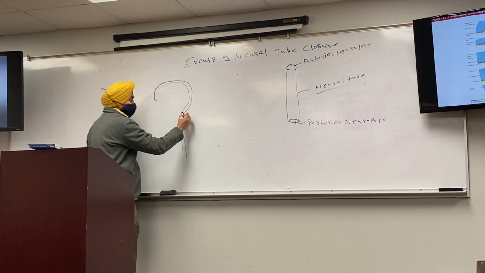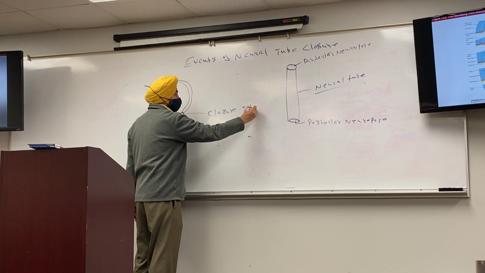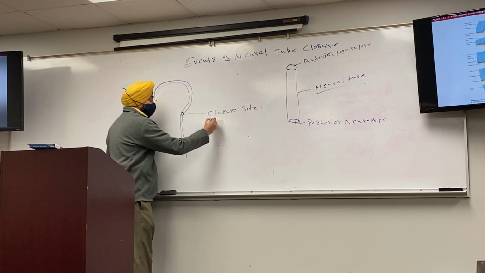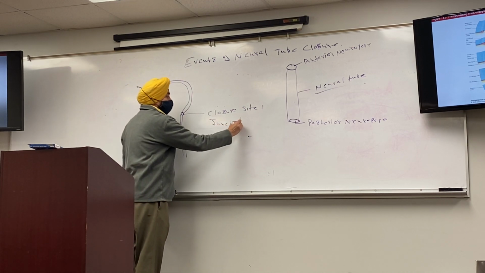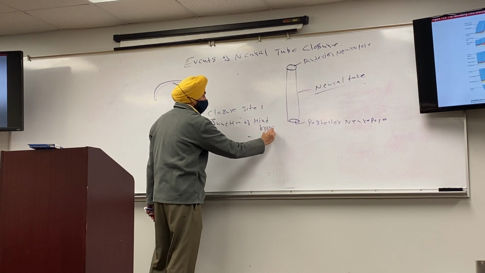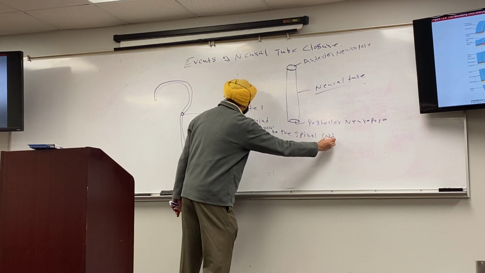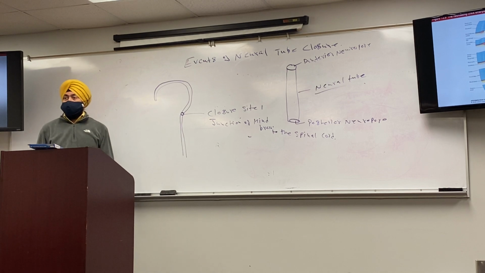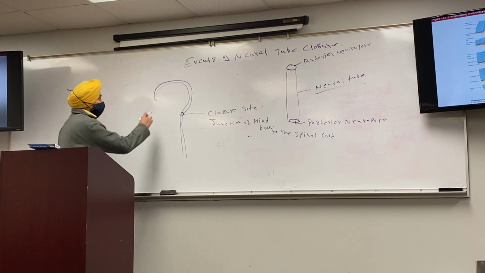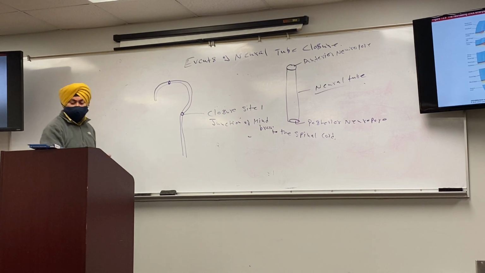This is called closure site 1. And this is the junction of the hindbrain to the spinal cord. So this is closure site 1. That's the first place where this closure takes place. Then we have this closure site right here. This is called closure site 2.